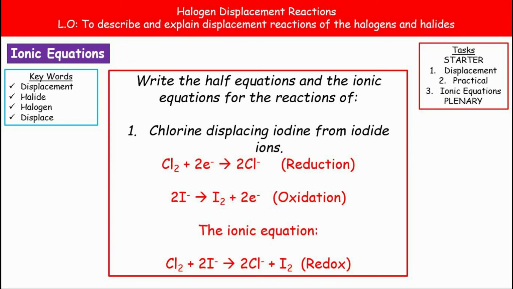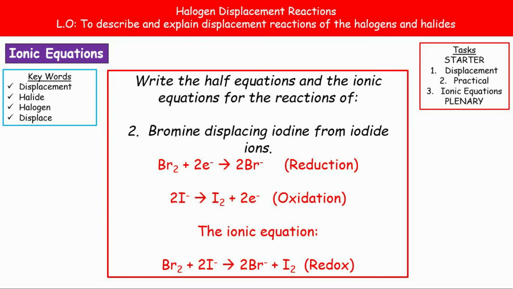Then we've got iodide ions, so 2I minus, and that's going to form I2 plus 2e minus. And that will be an oxidation because it's the loss of electrons. When we put it together to the ionic equation, it will be Cl2 plus 2I minus makes 2Cl minus plus I2. And again, that is a redox reaction. So obviously give yourself a mark out of 3 for question 1.